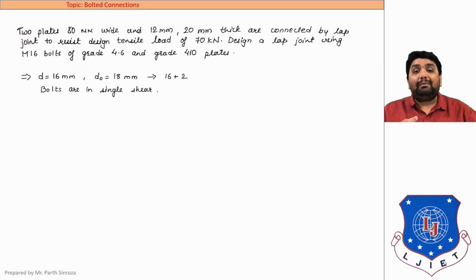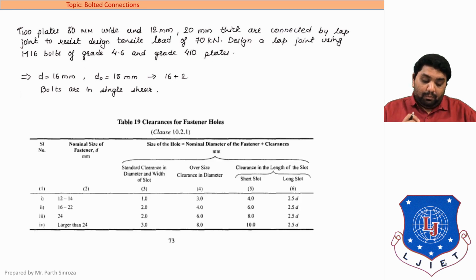So what will be the diameter of the hole to be cut from the plate? That will be 18 mm. Now how did this value come? For this, pause this video, take your IS code, IS 800 2007, and move on to page number 73.